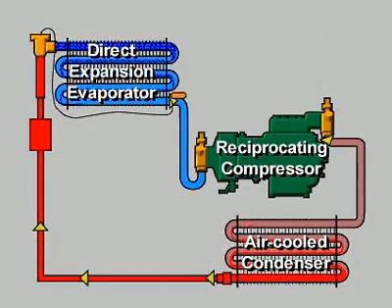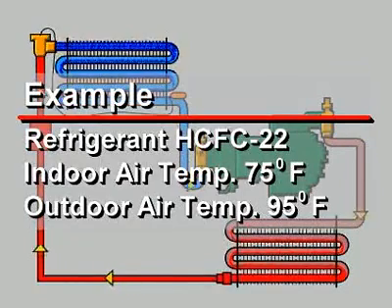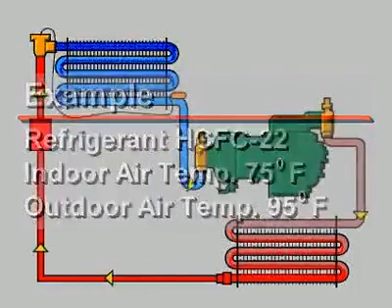This example cooling system has a positive displacement reciprocating compressor, an air-cooled condenser, and a direct expansion evaporator, sometimes called DX. The refrigerant is HCFC-22. The indoor air temperature is controlled at 75 degrees, and the outdoor air temperature is 95 degrees.